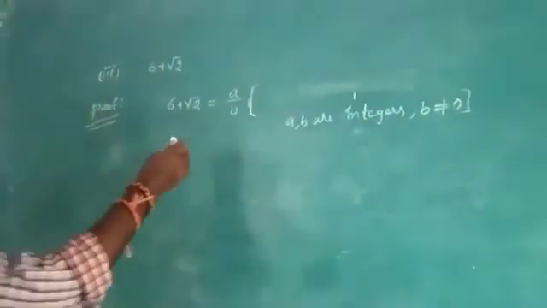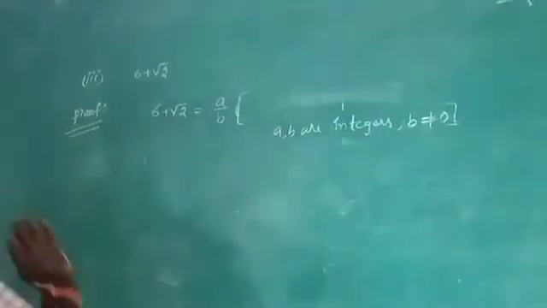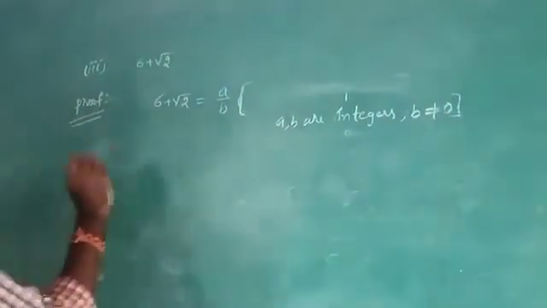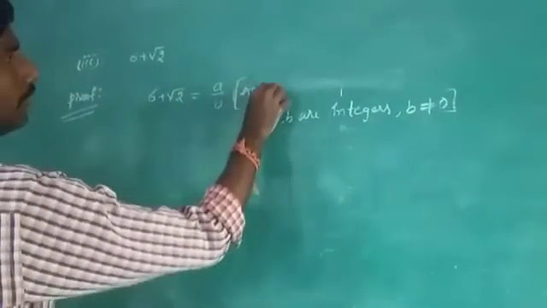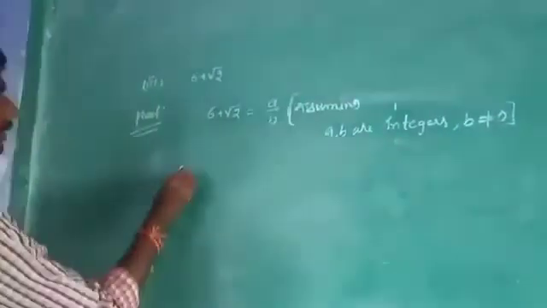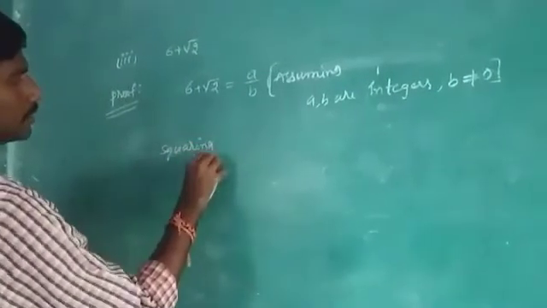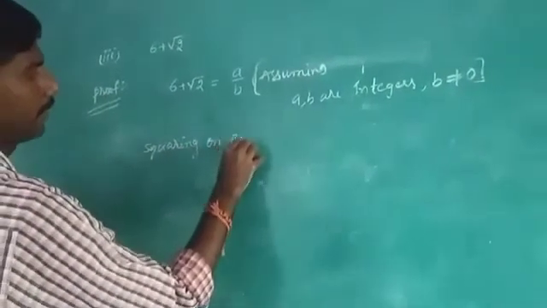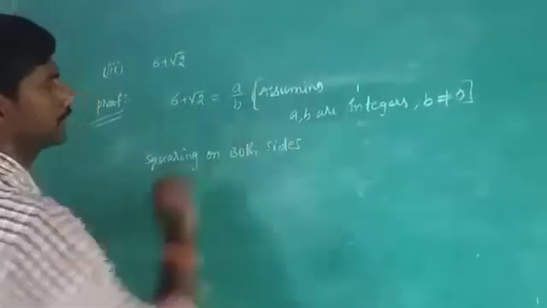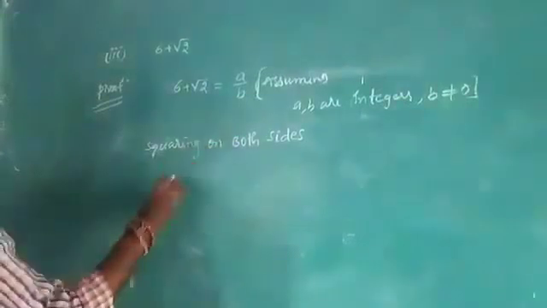Then what we have to do here is squaring on both sides. Or otherwise, a simpler thing, better I will like to do squaring on both sides. So squaring on both sides.